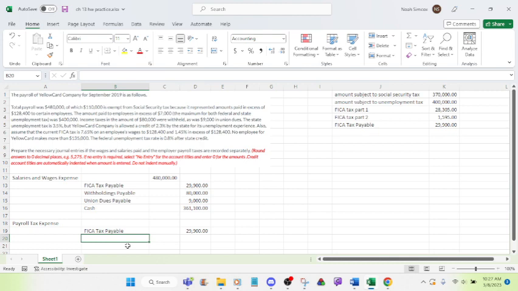they have unemployment tax. So then we have federal unemployment tax payable.